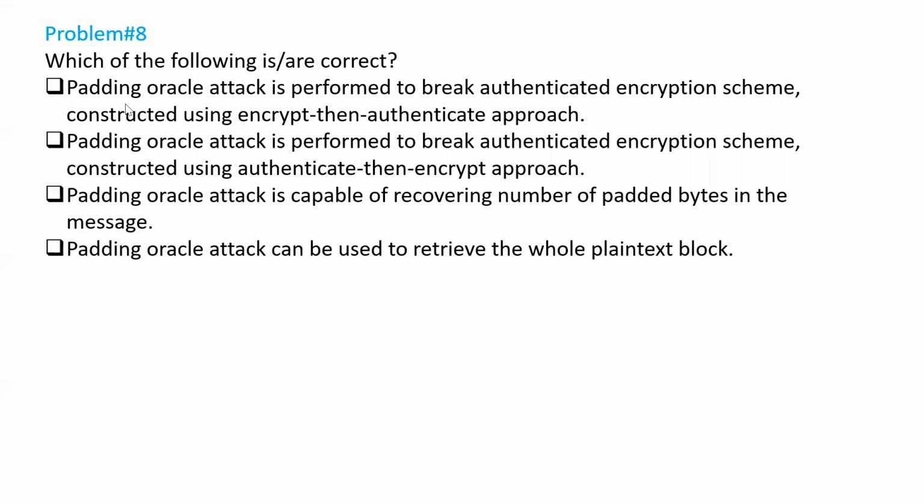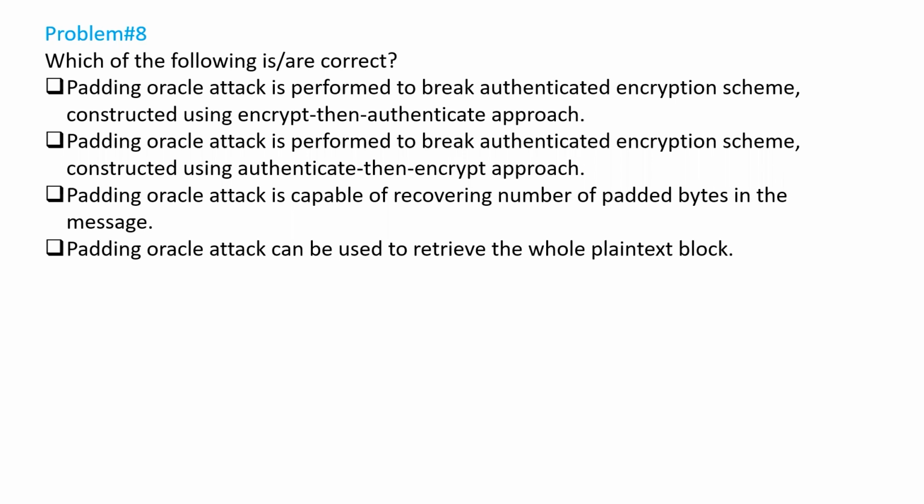As you have seen in the lecture already, padding oracle attack is just the exploitation of the fact that whenever you use the CBC mode of a block cipher for encryption as the underlying CPA secure encryption scheme of your composed MAC, the last message block is padded, depending on the number of padding bytes required to make the total length of the message a multiple of the block size of the block cipher.